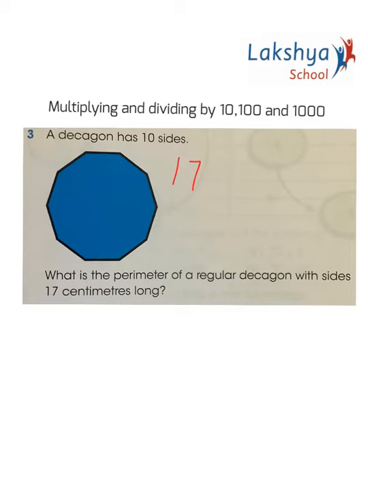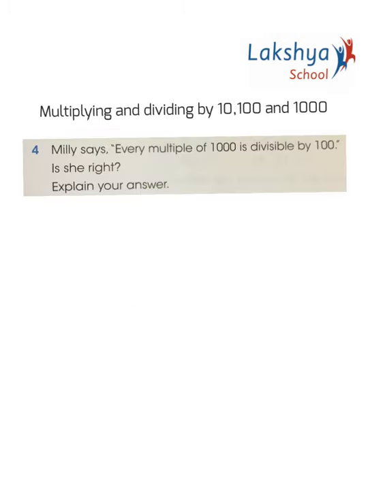So we can write 17 of each side multiplied by 10 sides, that is 17 multiplied by 10, which gives us 170 centimeters. It is important to write the units. So we say that the perimeter of a regular decagon is 170 centimeters.